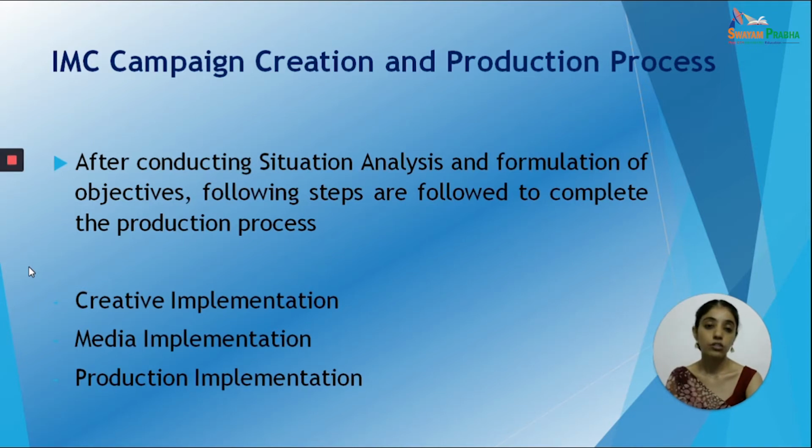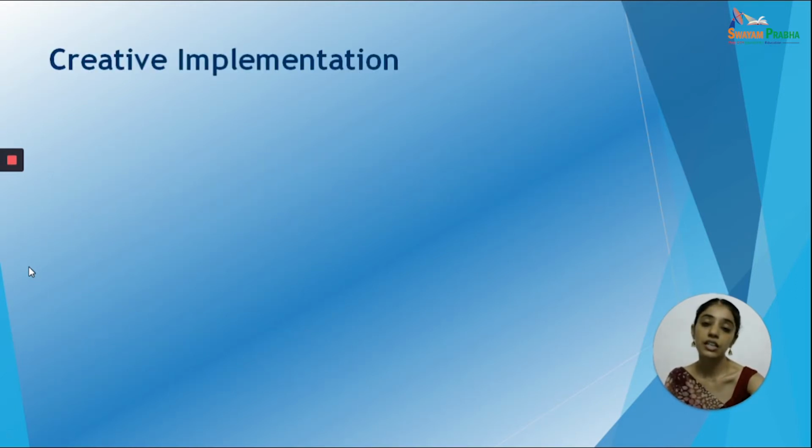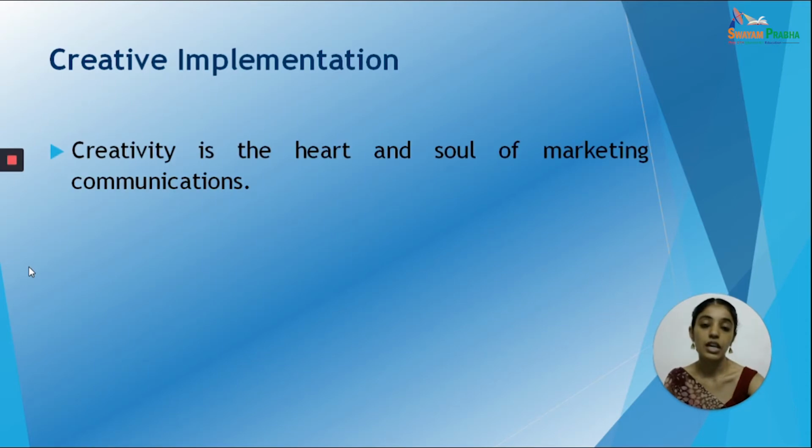Friends, our lecture today is going to give us in-depth knowledge on what is creative implementation, how you creatively implement the plans that you had strategized. Then we are going to work on how you implement all the strategy that you had made during media planning. And finally, we will learn the basics of production for print, TV and new media. Let's begin with creative implementation.